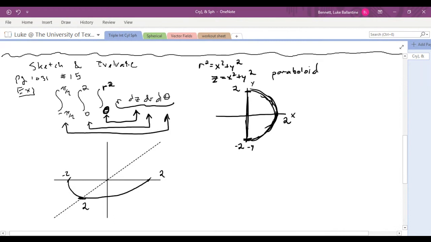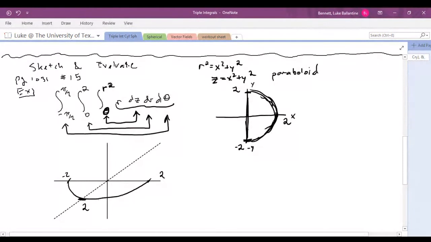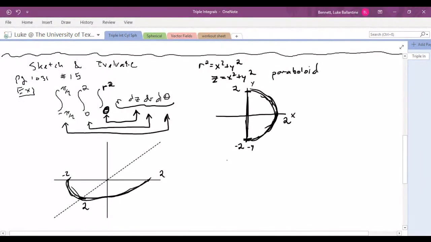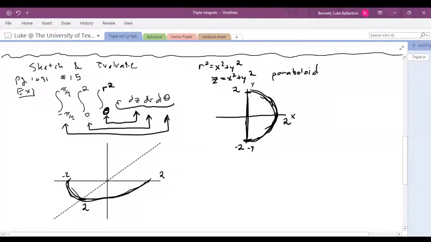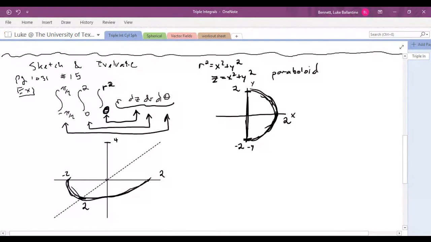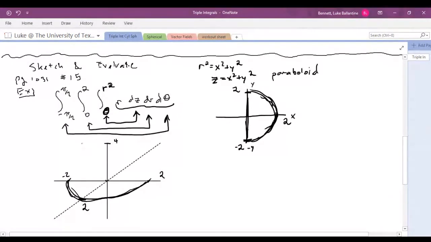If we plug any point along this curve in R2 into our function z equals x squared plus y squared, we're going to get a value of 4. So our paraboloid goes up 4 units, and we have a paraboloid.